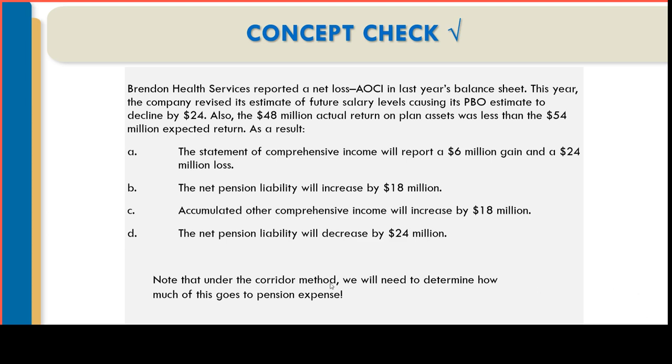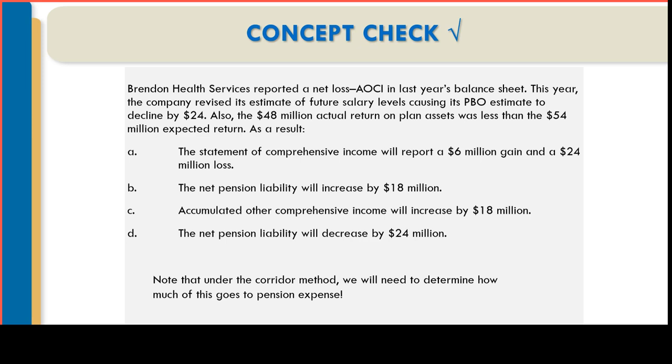Here we have a company, Brendan Health Services, that had a net loss in AOCI in last year's balance sheet. This year they revise their estimate of salary levels, which is an actuarial change. It's an actuarial estimate, actuarial gains or losses in PBO, that cause our estimate in the PBO to decline by 24.